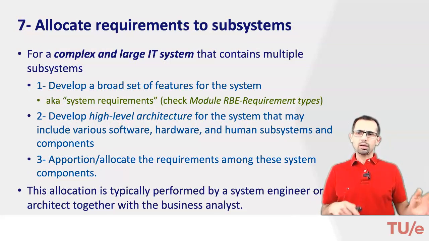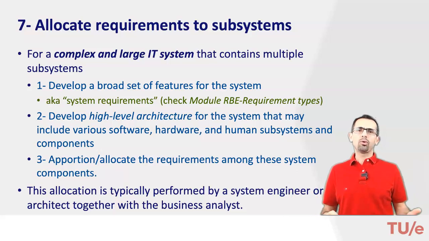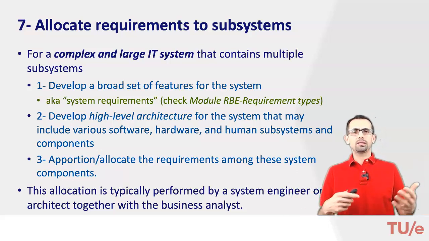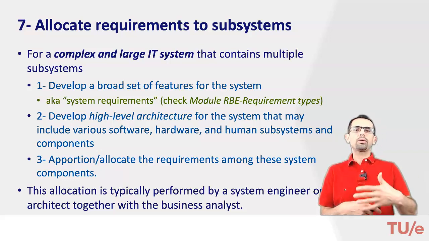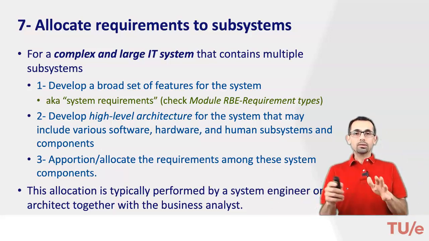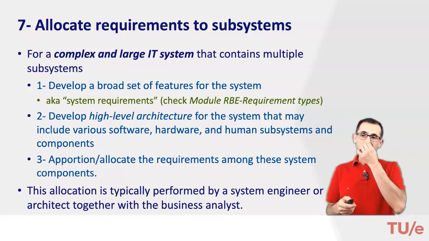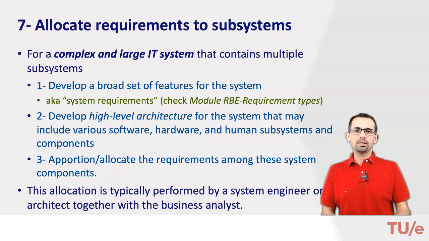allocating requirements to subsystems. If your IT solution is a large system, which in many cases also involves hardware, like a traffic control system, a nuclear reactor control system, or an air traffic control system, and so on and so forth, which involve hardware and software at the same time, you can't just start with requirements analysis.